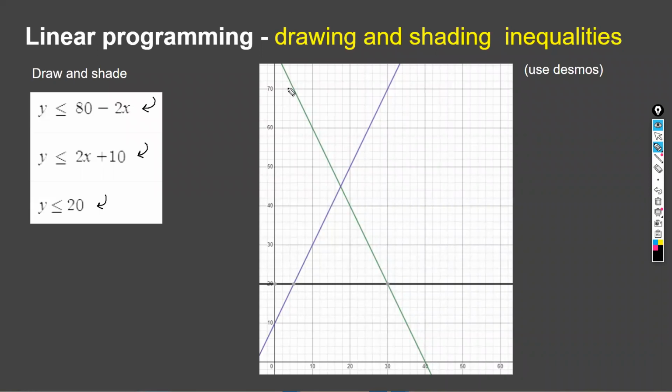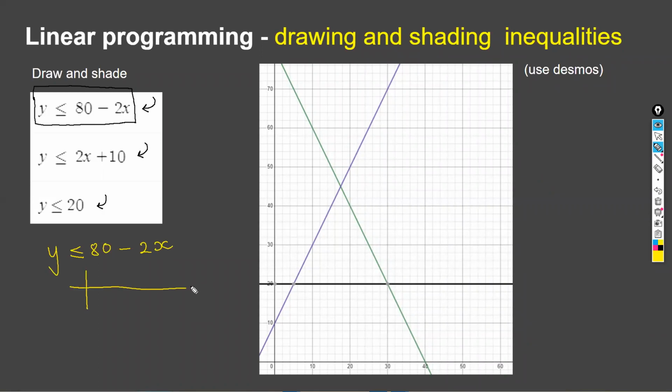We're going to draw each of them individually. So I want everyone to take down the first equation and draw that inequality for me. Of course, you don't know which one is which here. So let's focus on that inequality there. Y is less than or equal to 80 minus 2x.